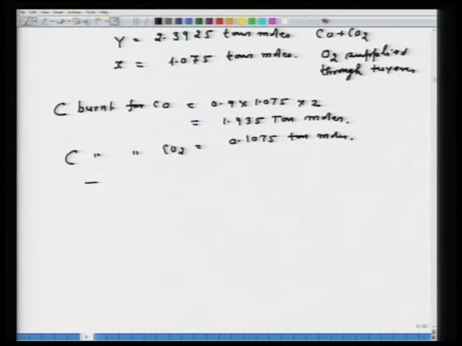So the total carbon will be equal to 24.5 tons.